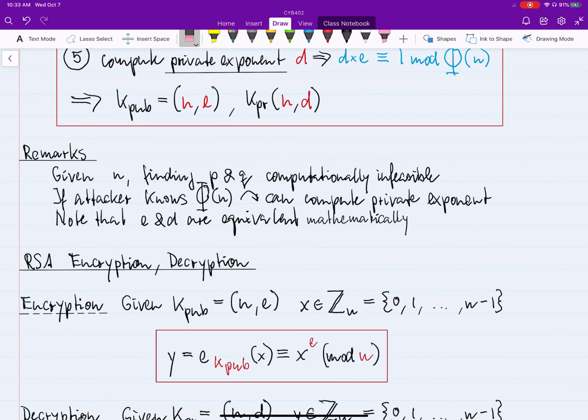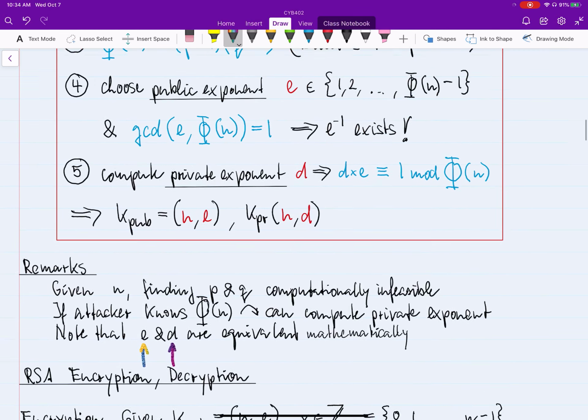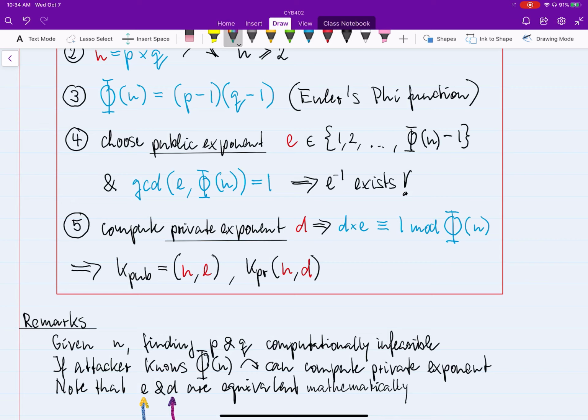The other thing to know is that both e and d are mathematically totally equivalent. So there's pretty much no distinction between the two, mathematically, conceptually. In reality, however, they are distinguished by two things.